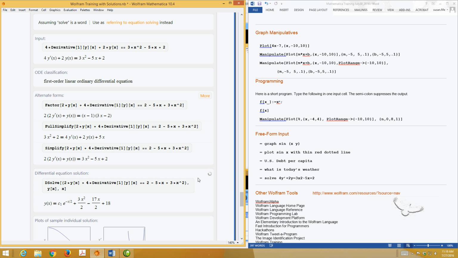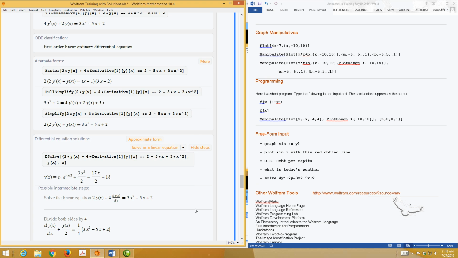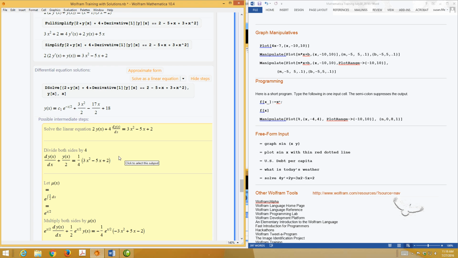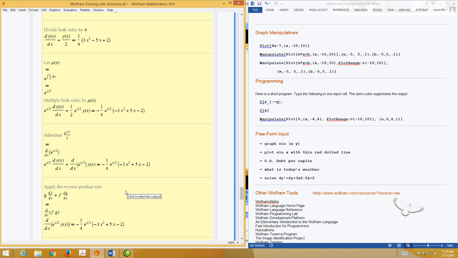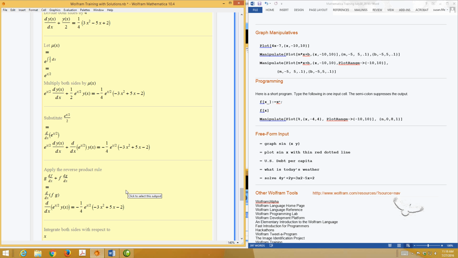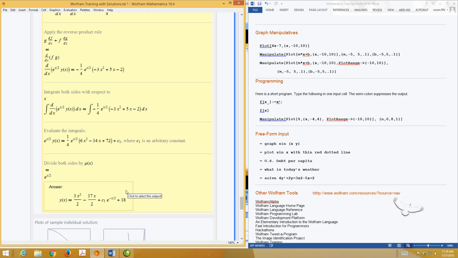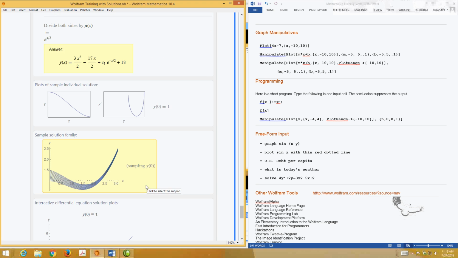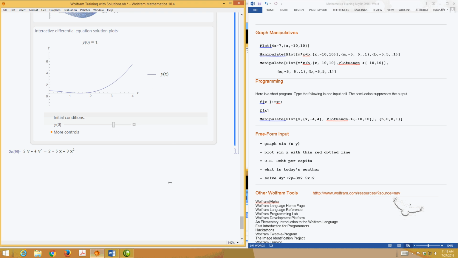Although this, I think they want to charge money for. Maybe not. Okay, again, I don't know why it didn't give me the solution here, but you could always go in and get the solution.